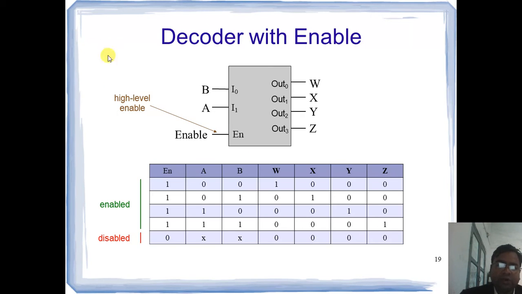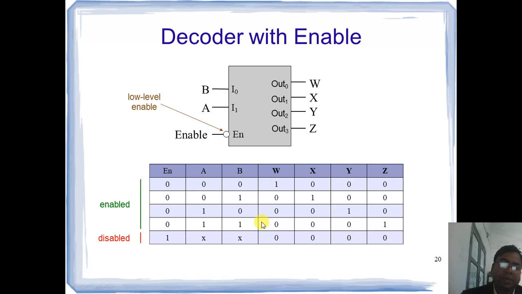In this we have placed one enable pin. This is another variation. When this enable pin has value 1, this decoder will work as we have learned. But if this value is 0, then it will not work. You can observe we have placed one more column before A, B. If the enable pin is 1, this will work well, as in the previous slides, but if it is 0, there is no significant output.